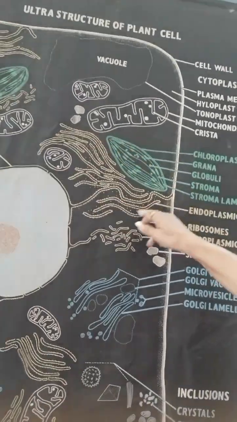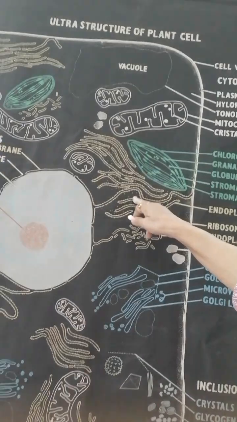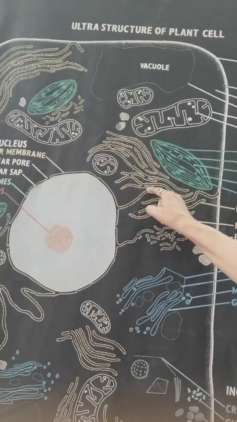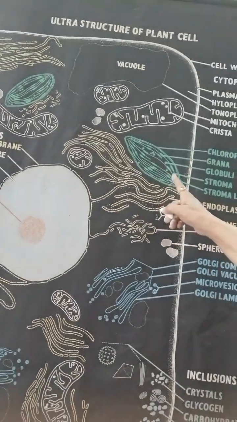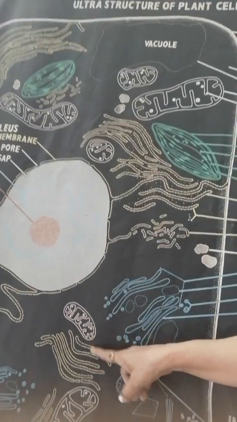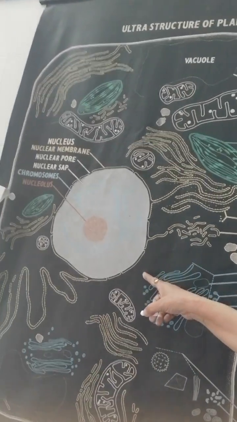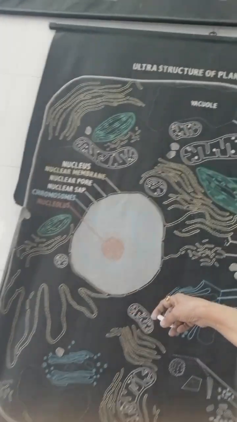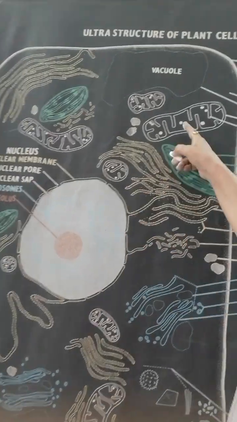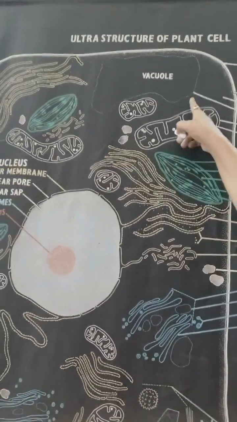They also help in protein synthesis when these dot-like ribosomes are attached. When they are smooth, they help in the synthesis of other materials. And this is the structure of the mitochondria.